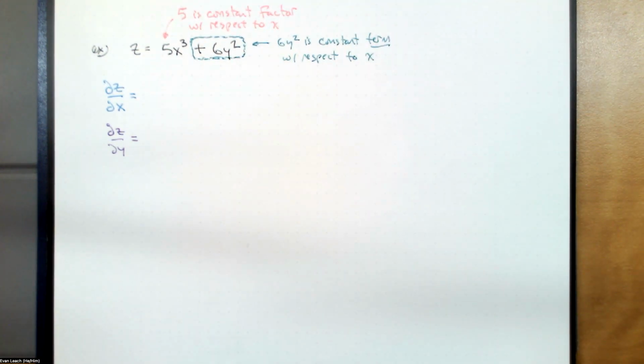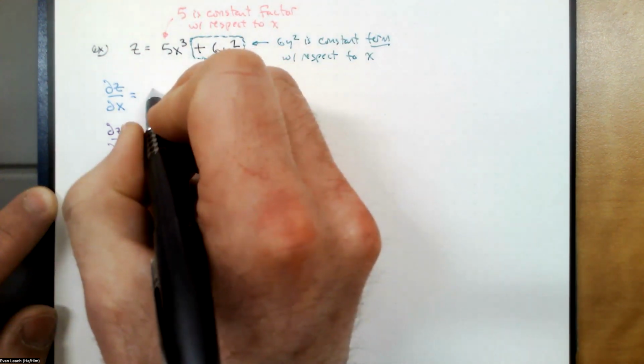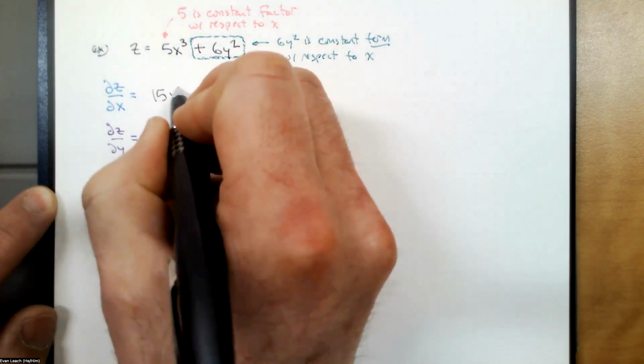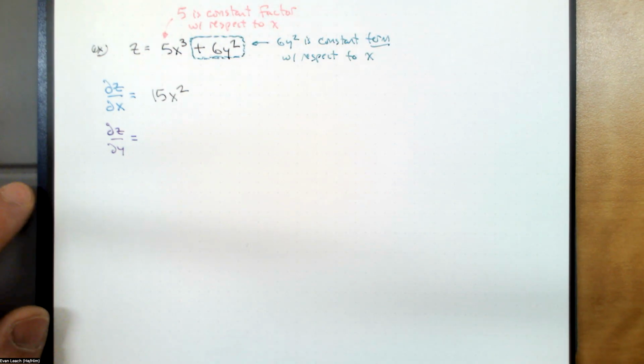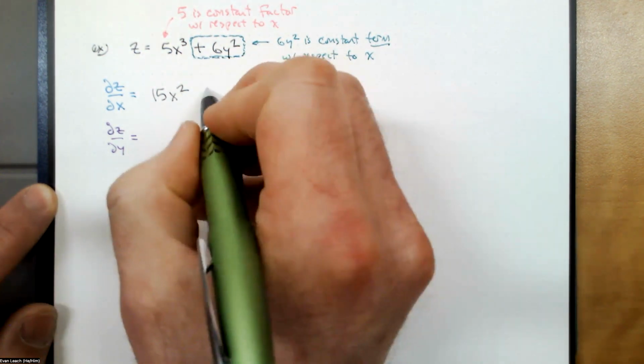The derivative of a constant term is 0. So the derivative of 5x cubed is 15x squared. The derivative of plus 6y squared, no x's in that, it's constant, is 0.